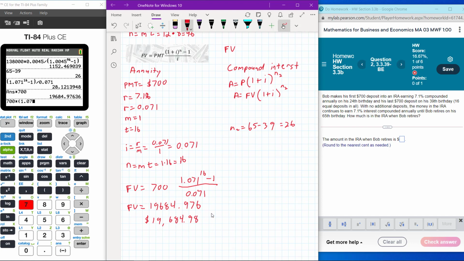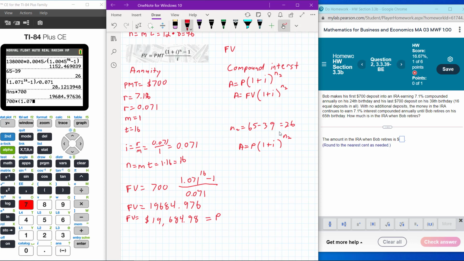Now, this future value is going to become the present value for our compound interest investment once he stops making money. Then the future value of the account when Bob reaches 65 is going to be A, and it's going to be equal to P, this is the P, times 1 plus i to the n sub 2.